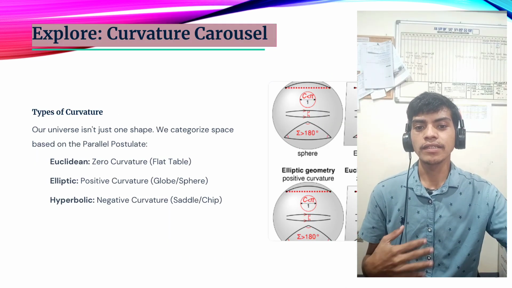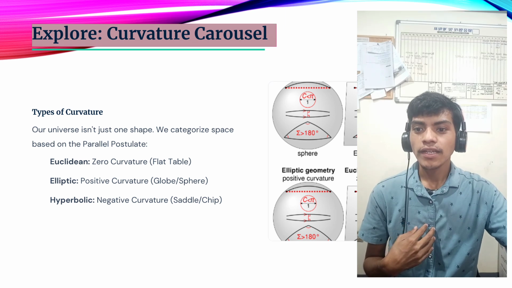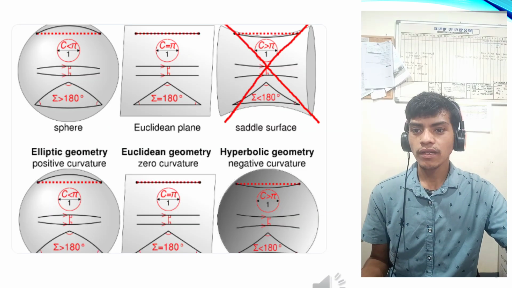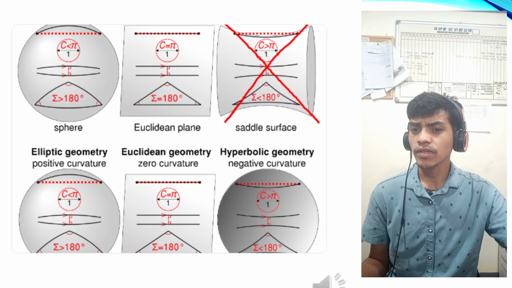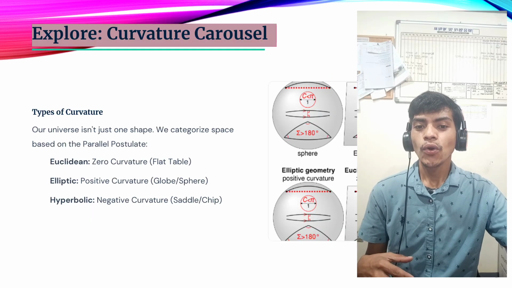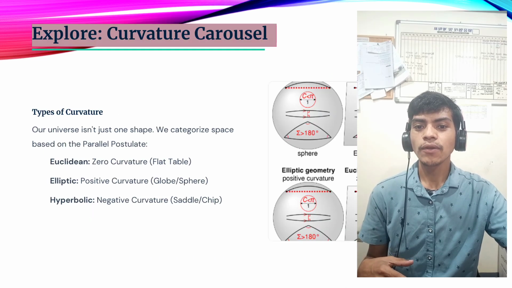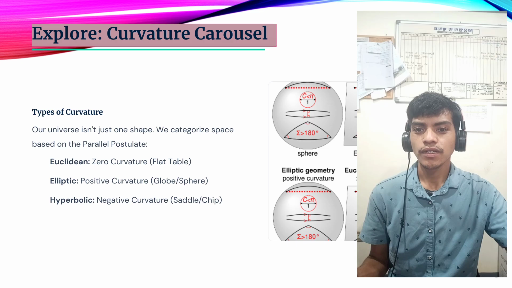But in number 2, elliptic is always positive curvature, which is a globe or the sphere. As you see, this globe has a curvature, so you see all around is curved.